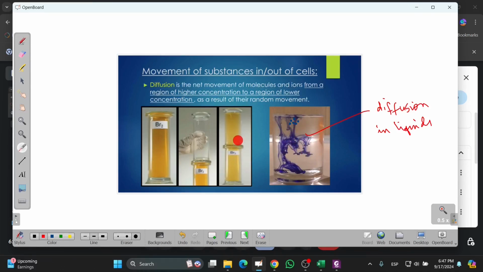Guys, I just brought these examples here because diffusion may take place every day around you, and probably you didn't know that that is called diffusion. Like, for example, you are in your living room and someone is cooking in the kitchen and something is burning, and then you start smelling that burnt food in the living room, or in the dining room.